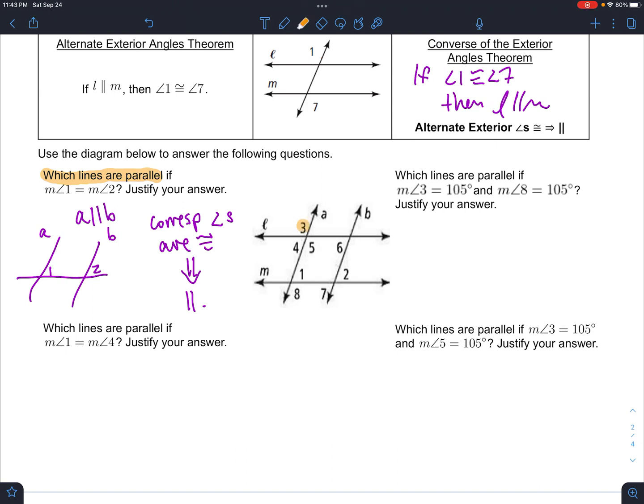If angles 3 and 8 are equal in measure, which lines are parallel? Well, just circle your transversal, which, by the way, has to be touching both angle slots in there, which means that L is parallel to M because, for one, those angles would be congruent because angles with the same measure are congruent.